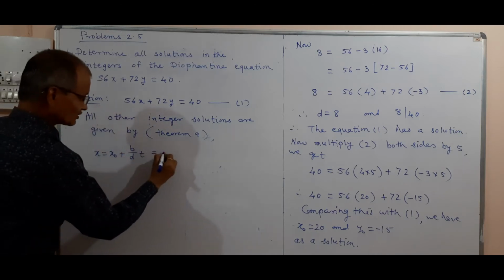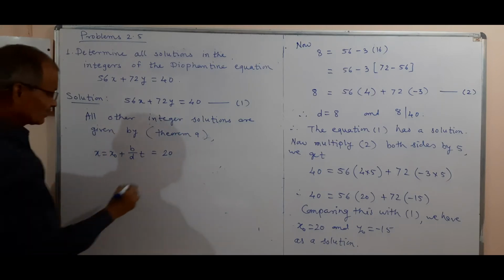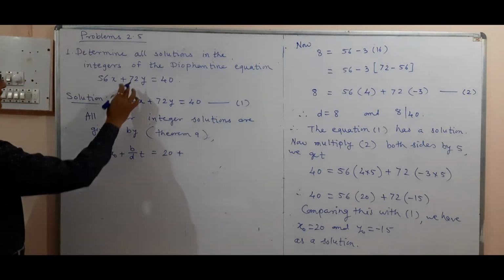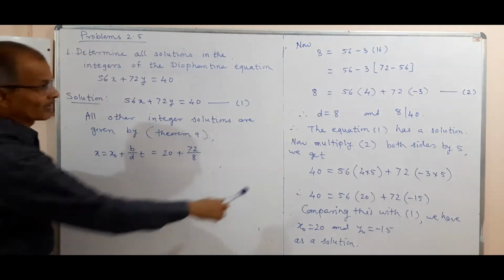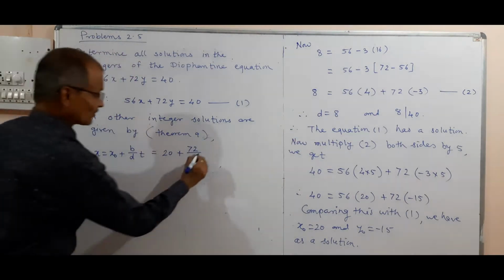Here x naught is 20, plus what is b? B is the second integer, 72, and d is 8, which we have obtained, times t.